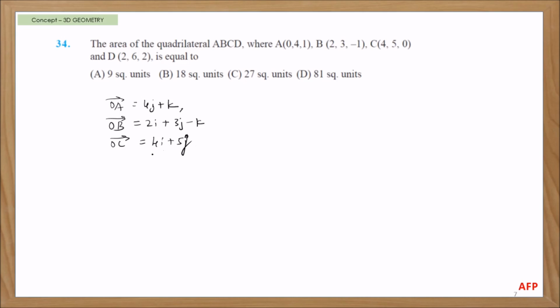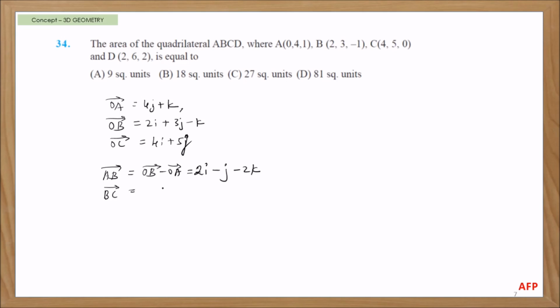Now we will find the AB vector. AB vector is nothing but OB vector minus OA vector. If you directly subtract, 2i minus j minus 2k. Okay, next.